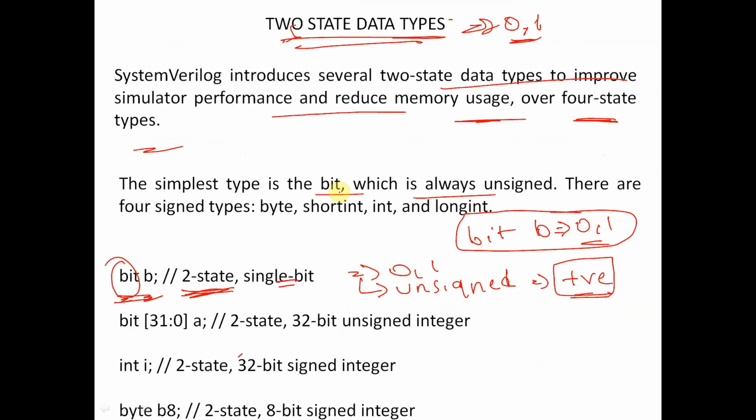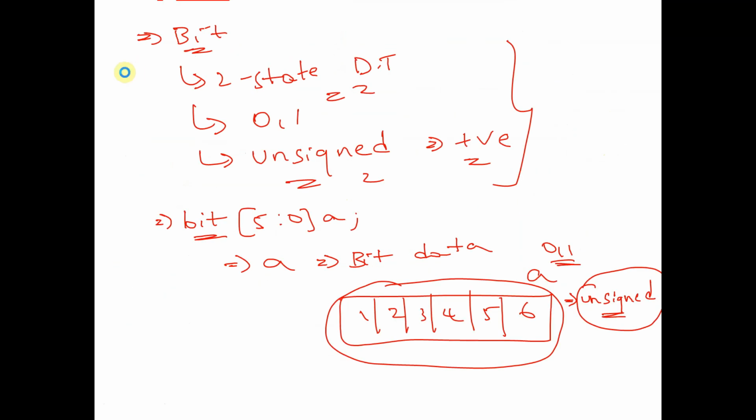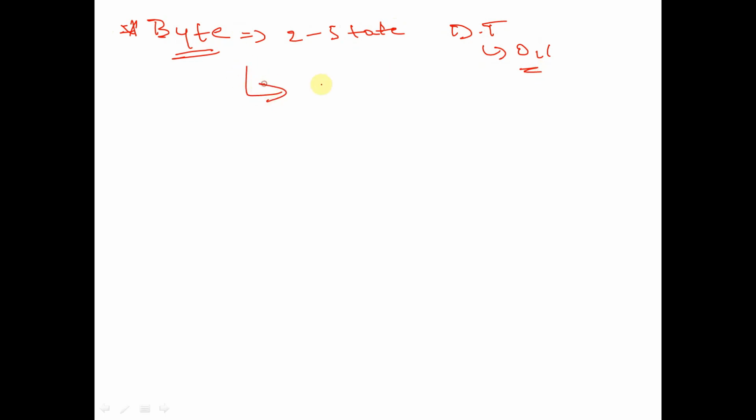Yes. And coming to byte data type, we have also another data type called byte. So this is also a two-state data type. That is, it can store zeros and ones, and this is a signed data type.